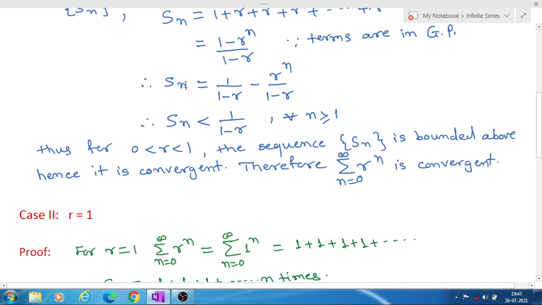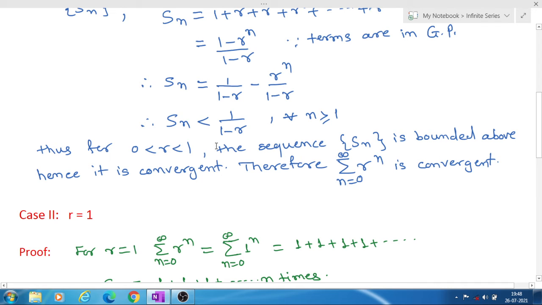So Sn, by separating these two terms, is 1 upon 1 minus r minus r raised to n upon 1 minus r.